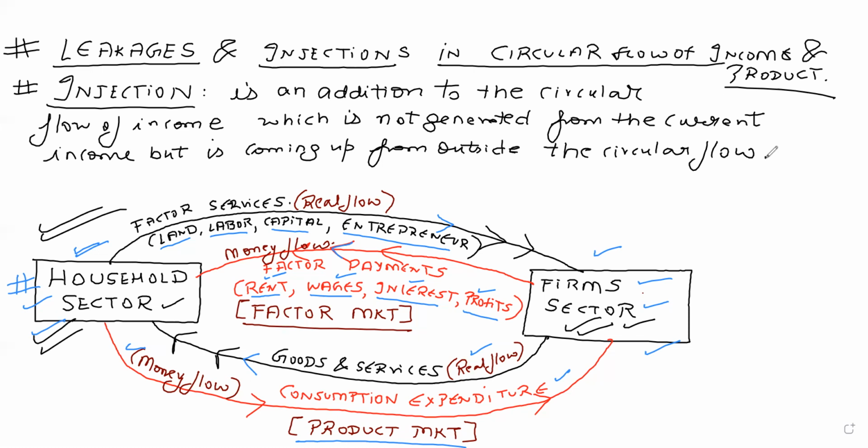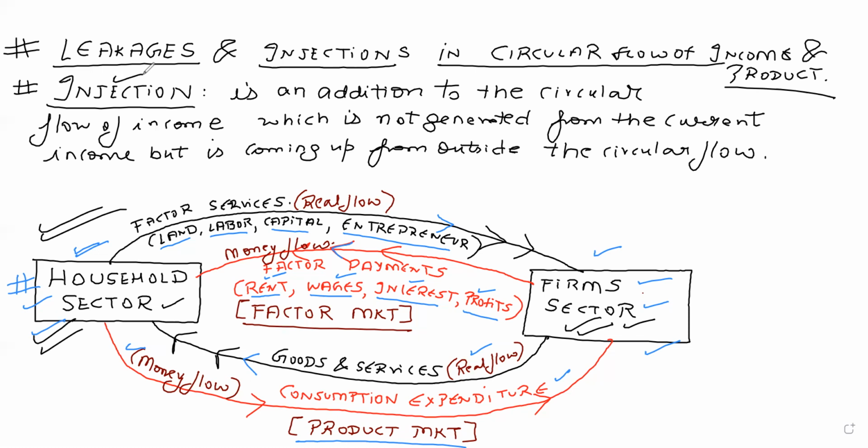Between the household and the firms, income is flowing. But in addition to that, you are adding some income from outside. When you are adding some income from outside to the current flow of income, it is called an injection.